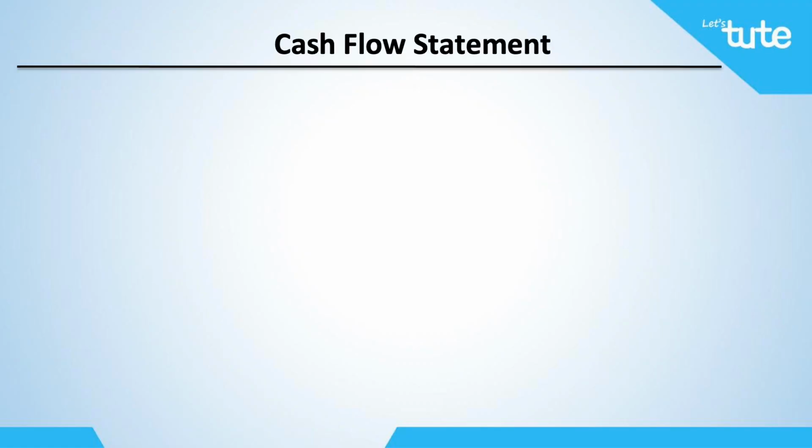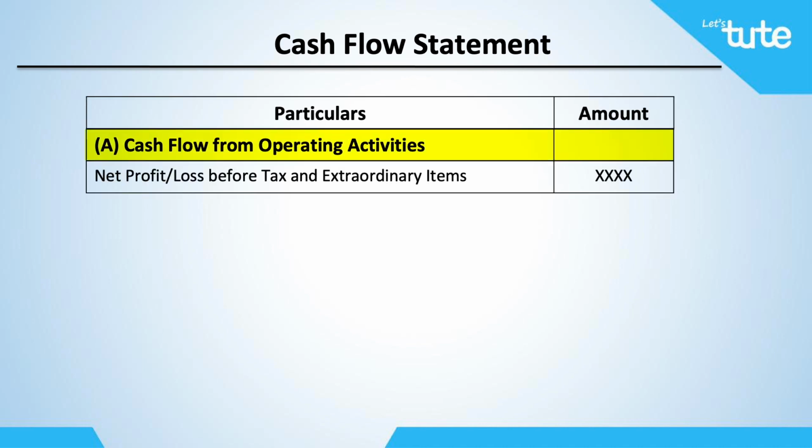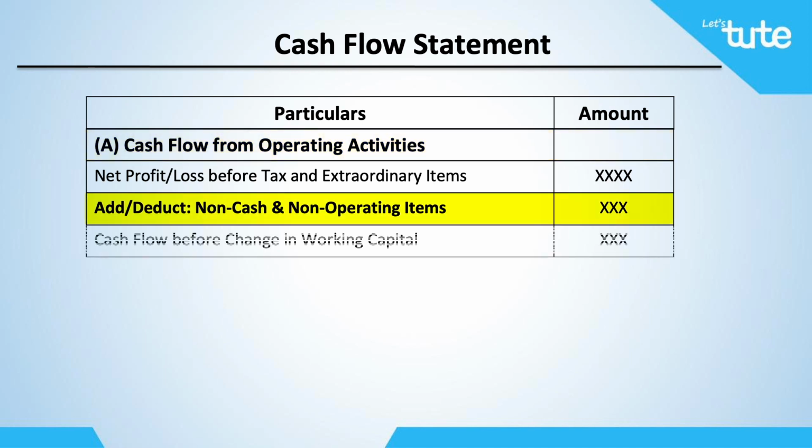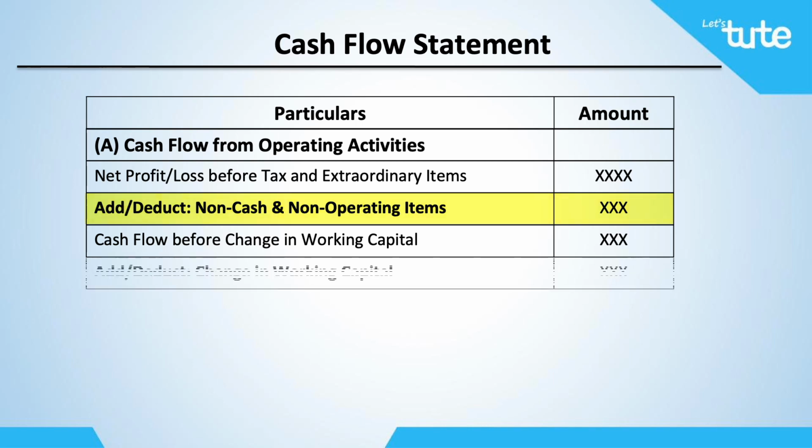Our ultimate aim is to find out cash flows from operating activities, as this is the first heading within the cash flow statement. After this stage, we will get operating profit before working capital changes. So now we need to place the effects of changes in working capital, in other words, pertaining to current assets and current liabilities.